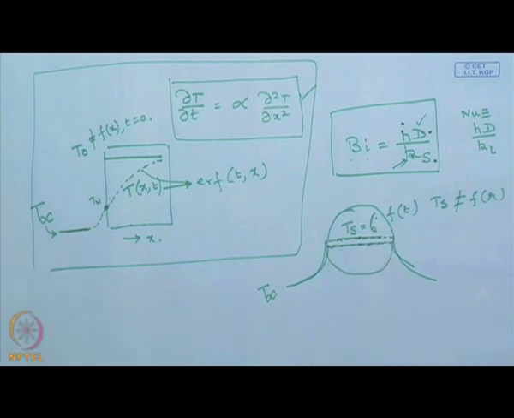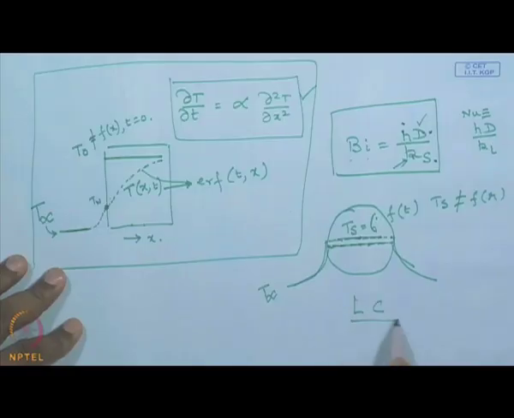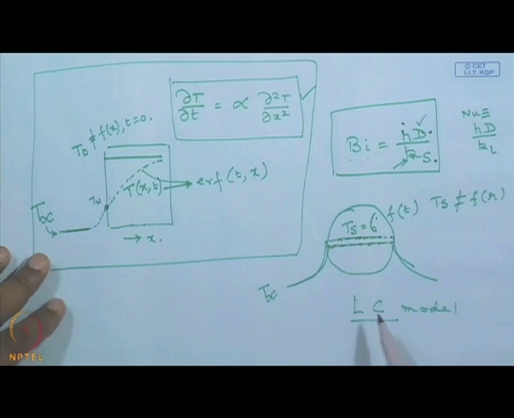And once I assume space-wise isothermality, then modeling that system becomes quite easy, and that is known as the lumped capacitance model. So, the lumped capacitance model, or LC model in short, allows us to get analytical solution of the temperature profile inside a solid object, and this is extremely useful.